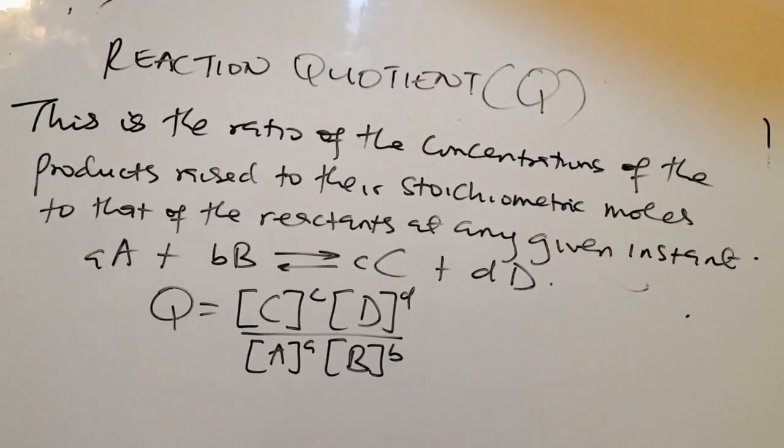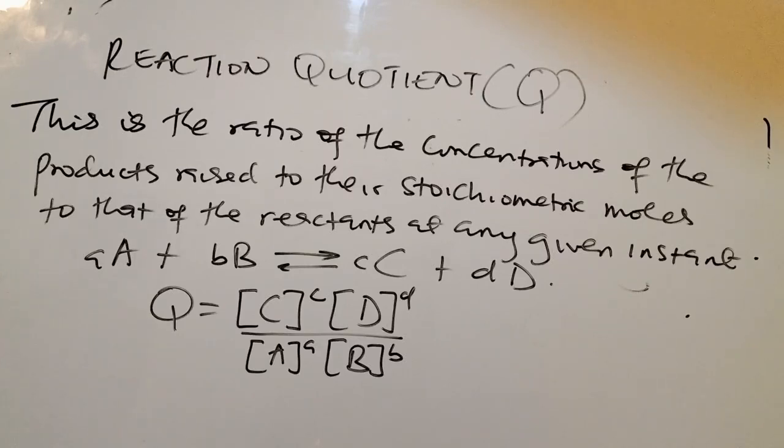Now look at another technical term used in chemical equilibrium called the reaction quotient, represented with the symbol Q. Sometimes most of us confuse the reaction quotient with the equilibrium constant. They are two different things. The reaction quotient is the ratio of the concentrations of the products raised to their stoichiometric moles to that of the reactants at any given instant or any given time.